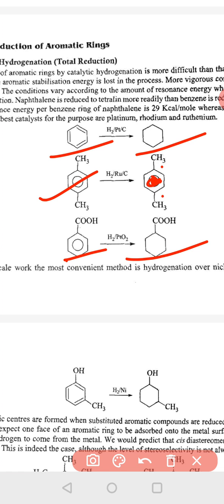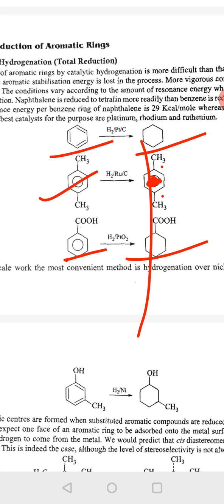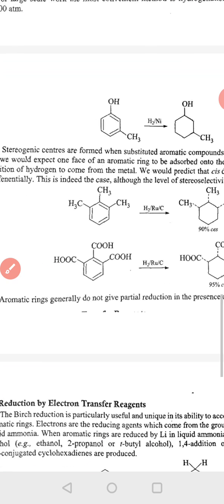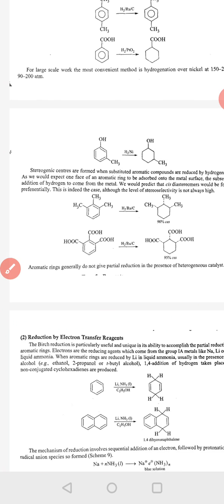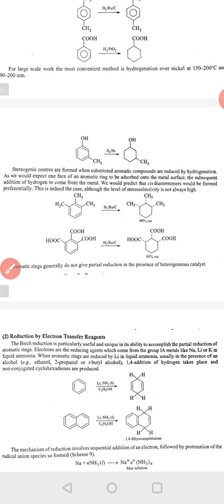We use nickel as the catalyst at 150 to 200 degrees centigrade and 90 to 200 atmospheres. This is the reduction which is carried out in the presence of nickel and hydrogen. In this total reduction of aromatic rings, stereogenic centers are formed.